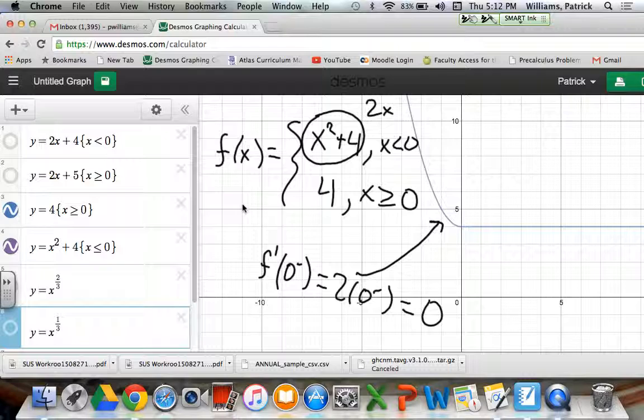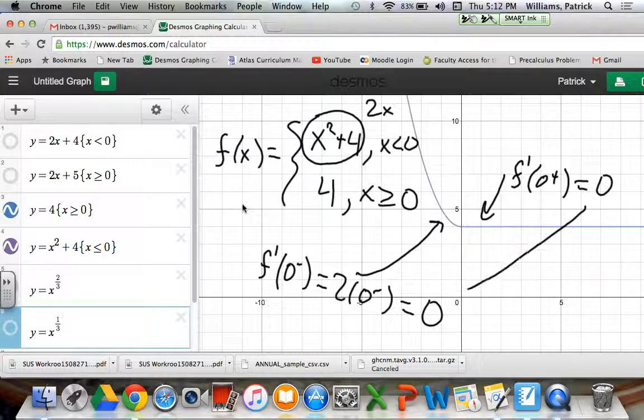From the last example we already found that f prime of 0 plus was 0. So in this case, the two derivatives match up. So even though this is a piecewise function, it would be differentiable. We get a big smiley face right there because the slopes, or the derivatives, to the left and the right of this point where the two functions join at x equals 0 would be the same.